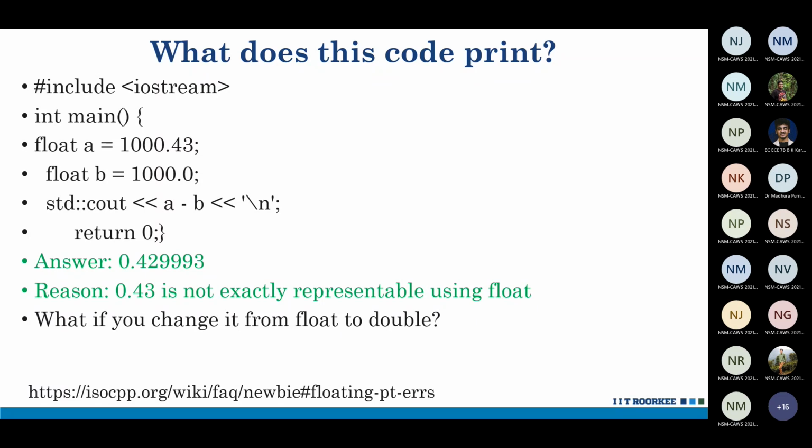And since cout prints only up to 6 decimal digits, the nearest number up to the sixth decimal digit will be 0.43. So when both are stored in double, the difference will be printed exactly as 0.43.